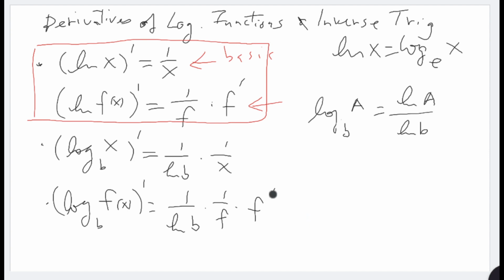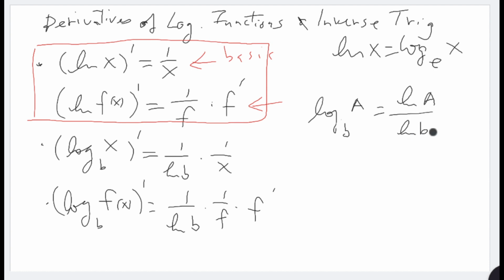Now, we don't usually discuss general log, because if you do have a general log, there's a change-of-base formula in algebra that turns this into natural log.